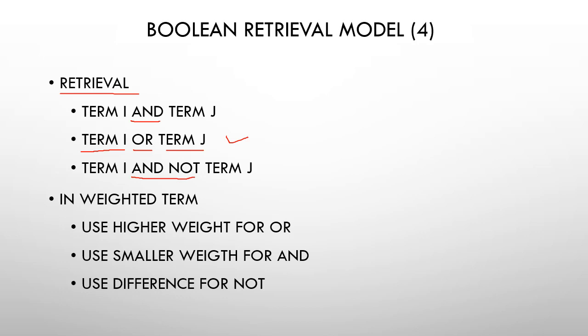And if it contains term I and term J, it would also be retrieved. Now, if we have a query term I AND NOT term J, then the document that will be retrieved is a document which consists of term I, but does not have term J.